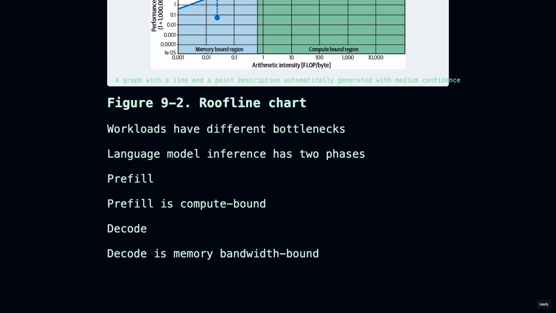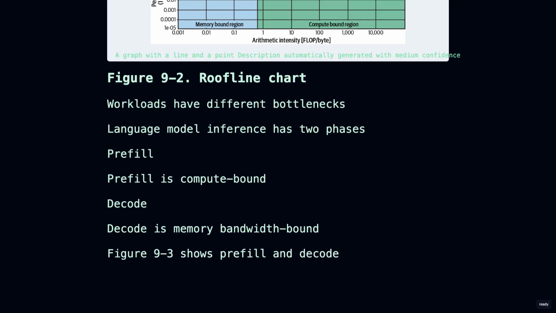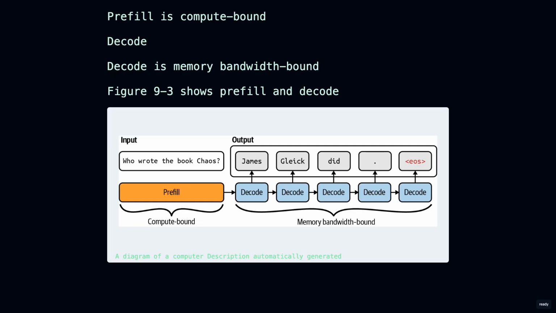This next figure ties the two phases together. The important thing to notice is that one phase is about parallel processing, while the other is about repeated token generation. The diagram makes the inference pipeline easier to visualize.